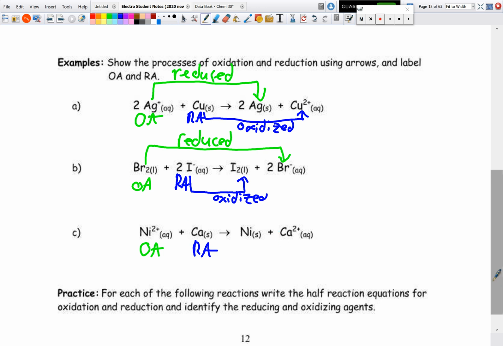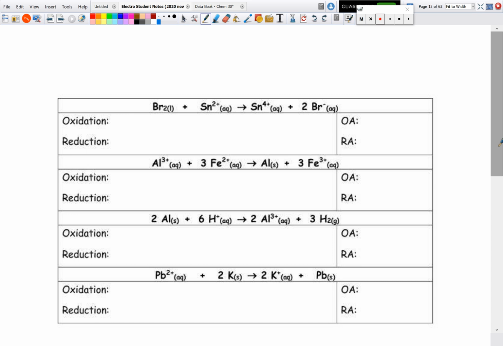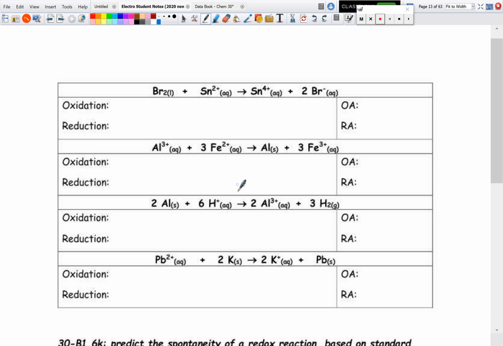On the next page, we have more practice with writing out half reactions and saying where everything goes. What we have here are balanced full reactions, and your goal is to write out the oxidation half reaction and the reduction half reaction, and then identify the oxidizing agent and the reducing agent. You can do the same thing as on the previous page: figure out which one is which by looking at what's happening to the charge.